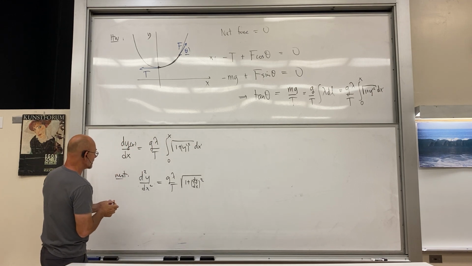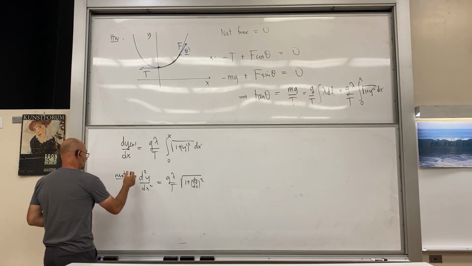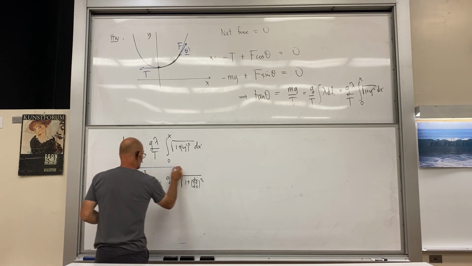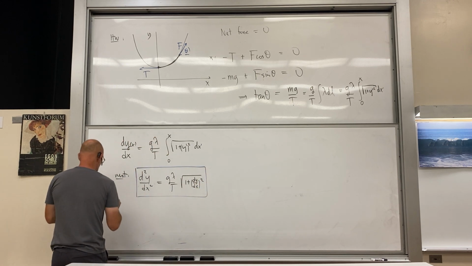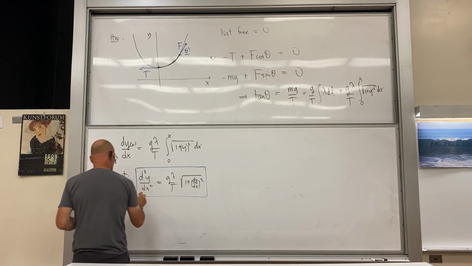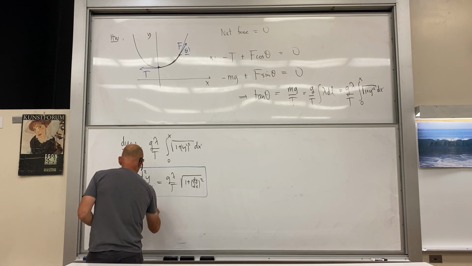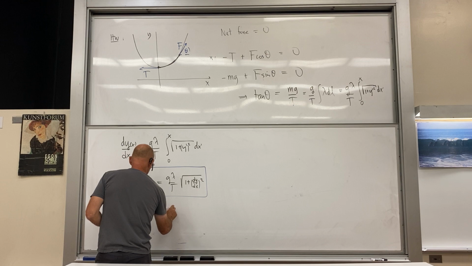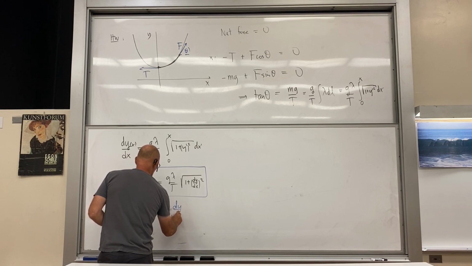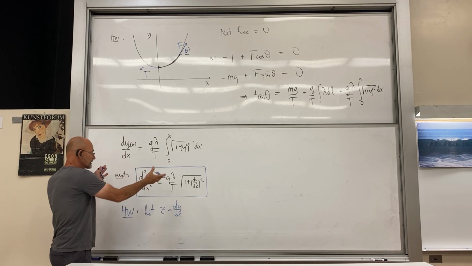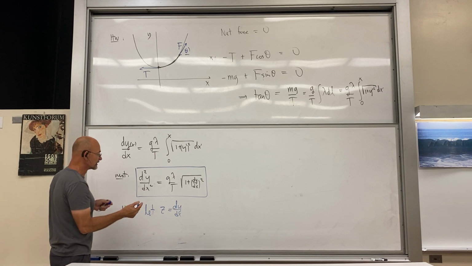So there's your problem. And what we're going to say is, so homework, you're going to let z equal dy/dx. That's your first step to turn this into a differential equation you can solve.